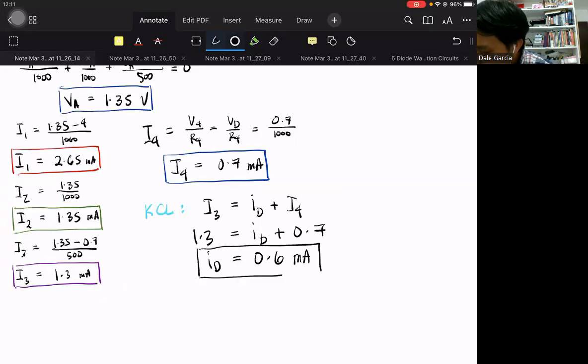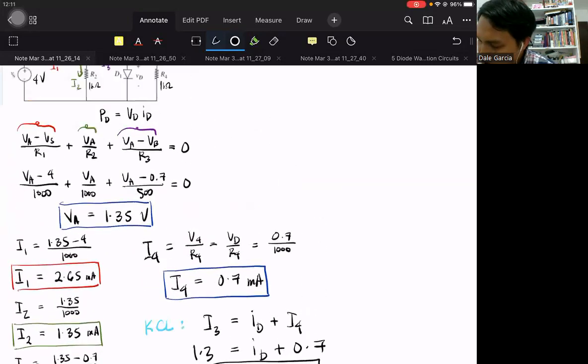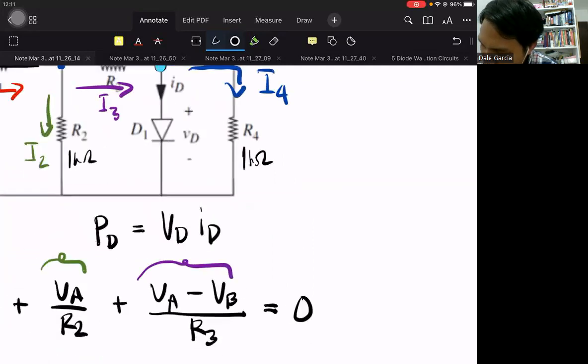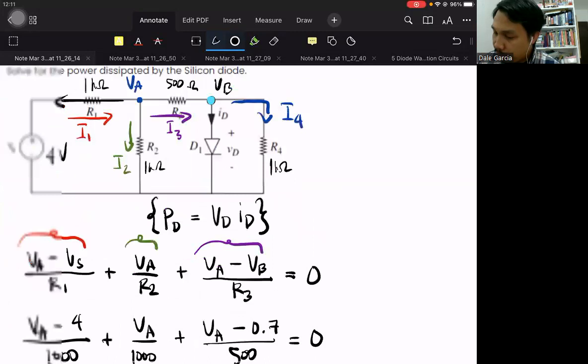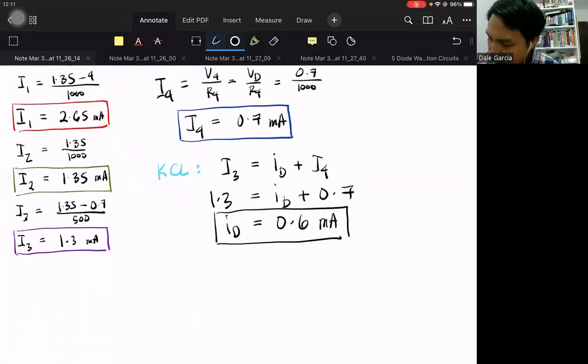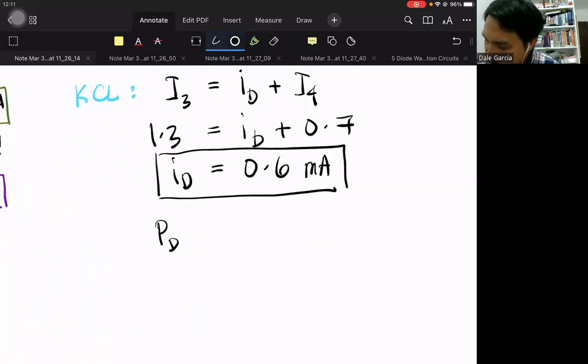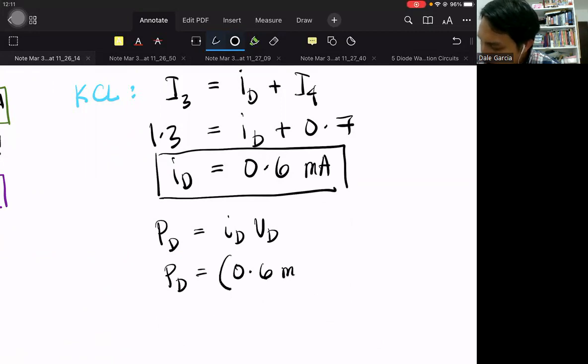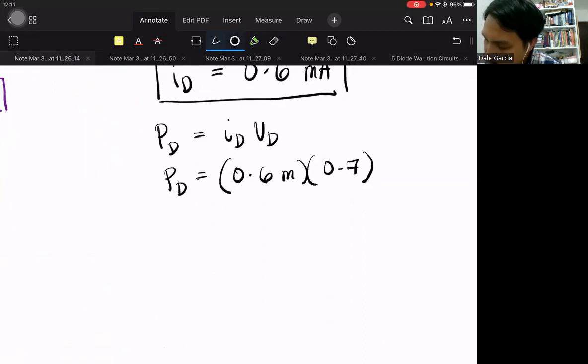And muna na siya ni i-multiply sa atong pinaka-primero formula to get the power dissipated. So PD is equal to ID times VD, 0.6 milliamperes times 0.7 volts is how much?